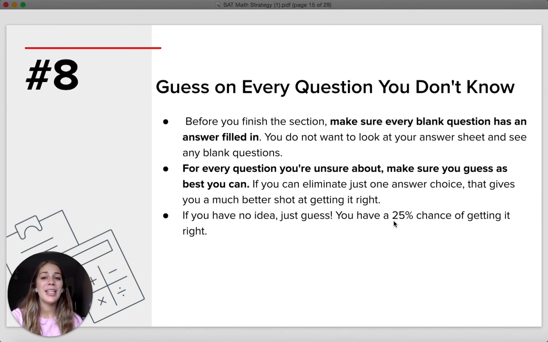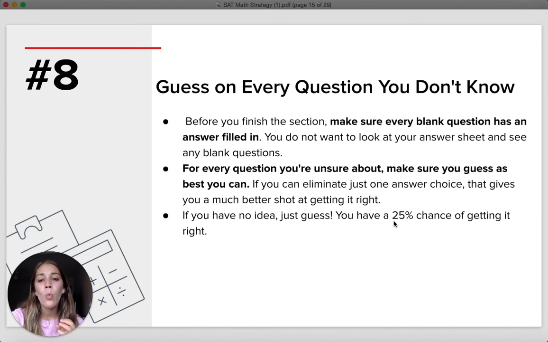And our last tip for today is to guess on every question you don't know. On the old SAT, you used to be penalized for leaving things blank, but that's not the case anymore. Do not leave anything blank. Make sure everything is filled in. If you're unsure about a question, make sure you guess as best as you can.